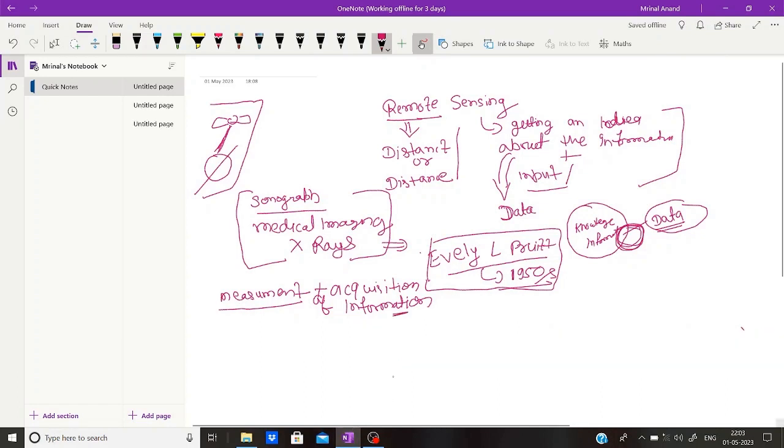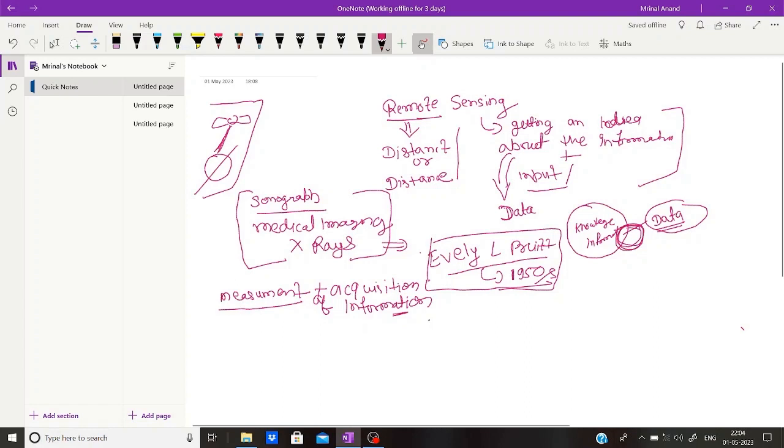So according to the definition given by Evelyn L. Pruitt in the 1950s, the official definition of remote sensing does not have any mention of the satellite.